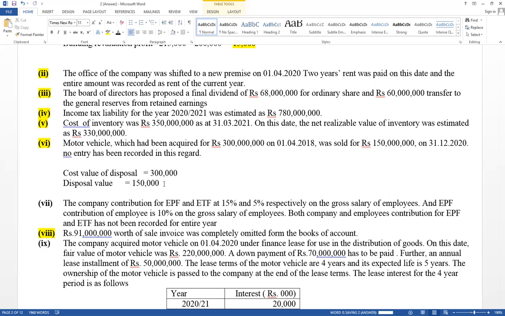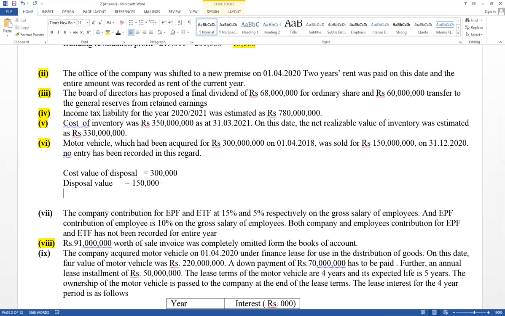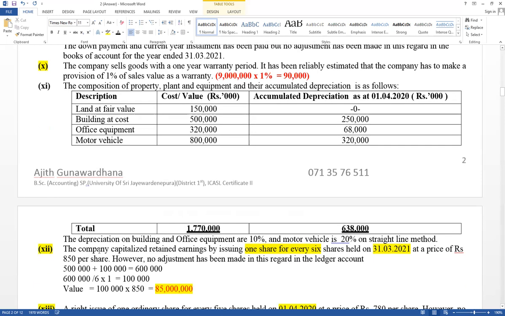As well as you have to calculate the accumulated depreciation of disposal assets, from purchase date to disposal date. Therefore, think about the cost value equal 300,000 of disposal assets. And the motor vehicle depreciation rate is given, 20% annual rate, in additional 11.